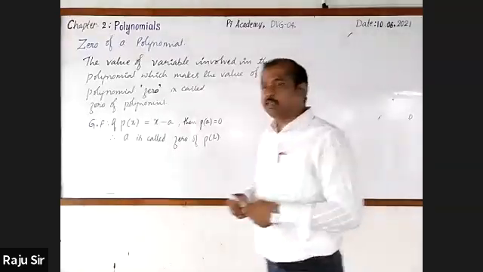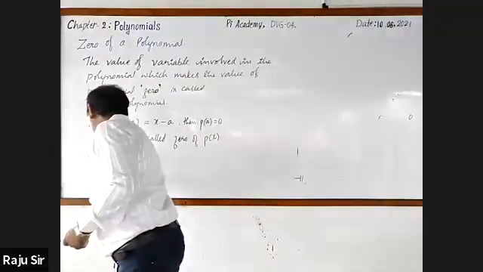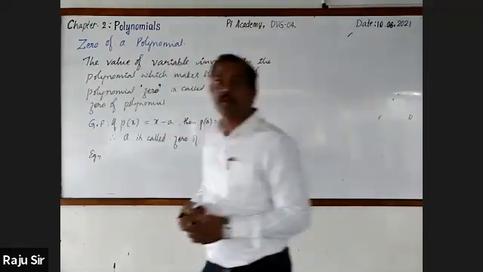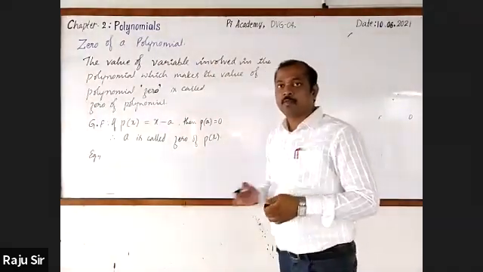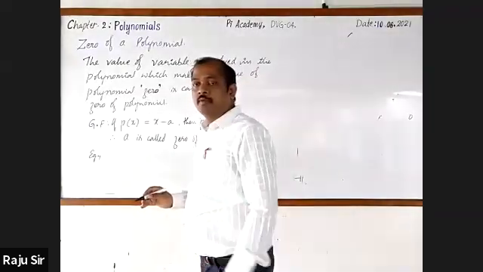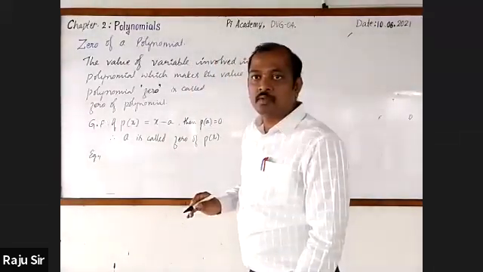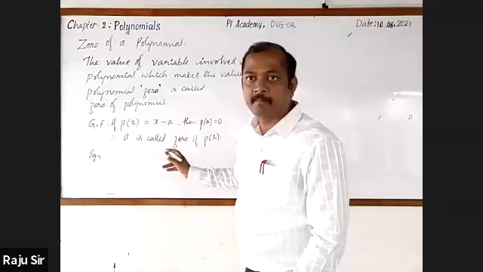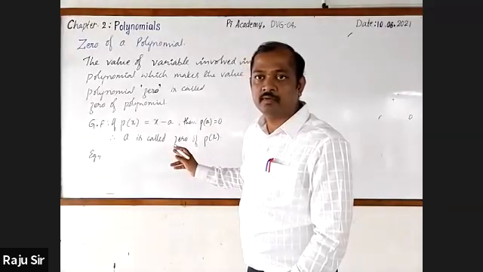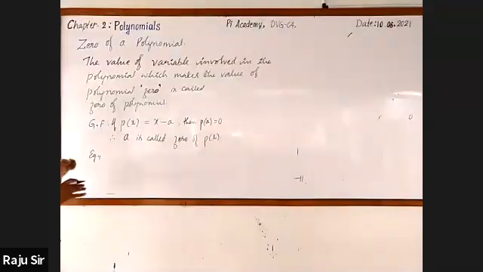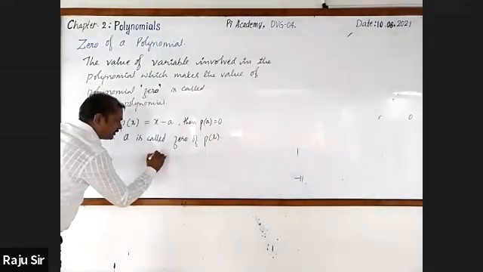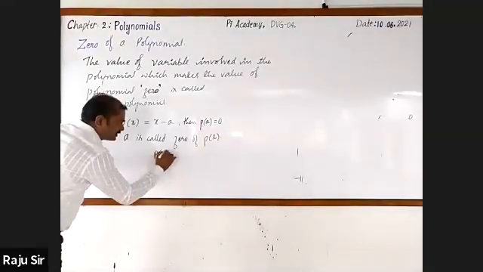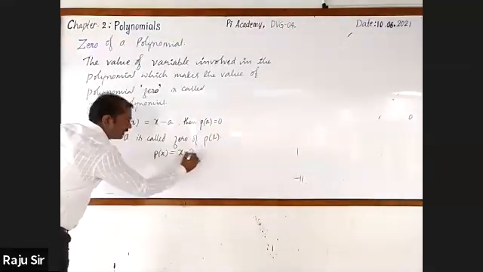Now, let me go for taking an example. I'll take a very simple example. Don't copy. Just observe. P of x is equal to x minus 2.